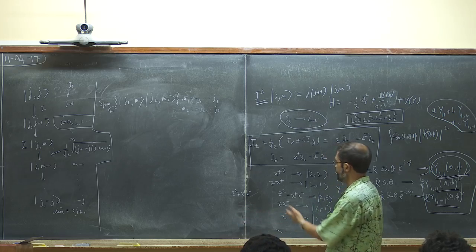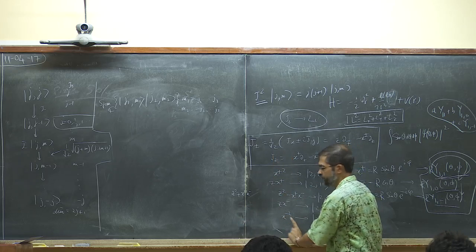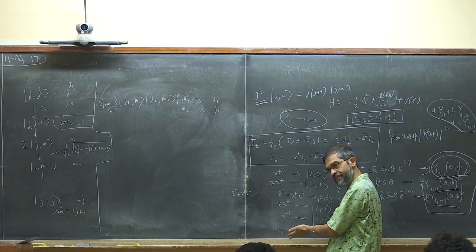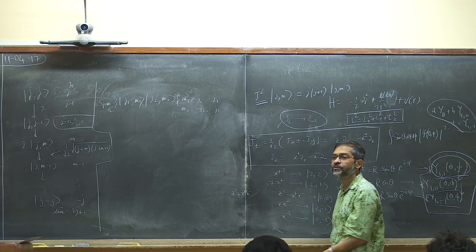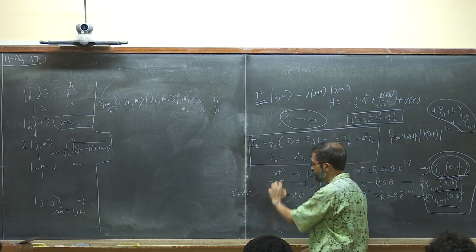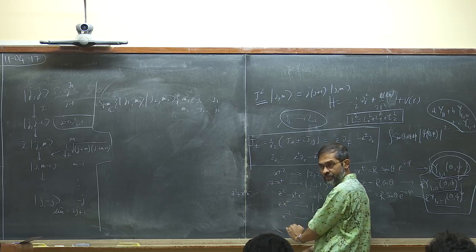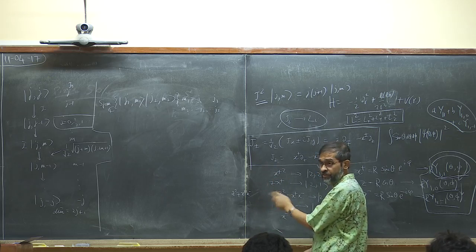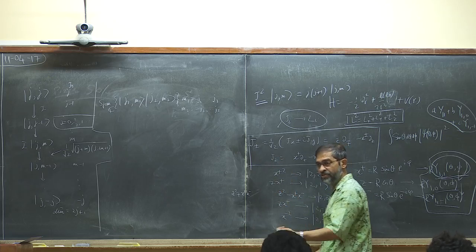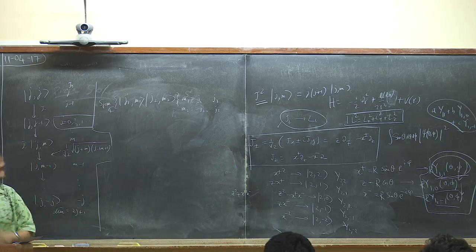And here, L minuses take you down, L pluses take you up, and these are all eigenstates of L3. So clearly it's an irreducible representation. If it so happened that L minus takes you up to here, and then some further action starts from here, then it would split up. But that's not happening. L minus takes you all the way down from here to here. So that's irreducible. Okay.